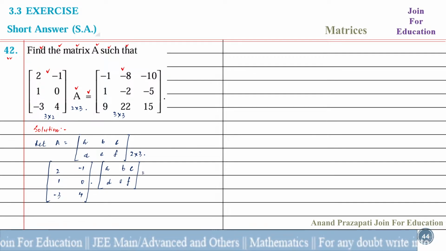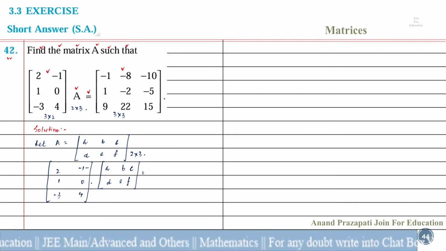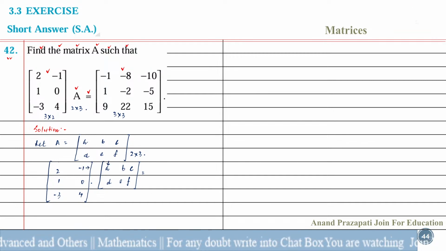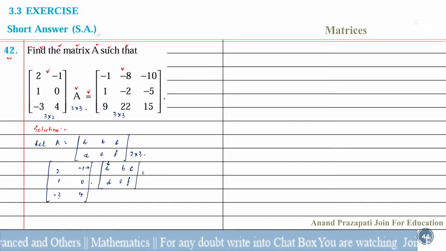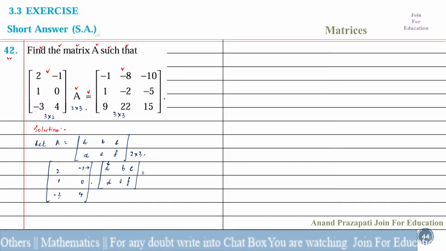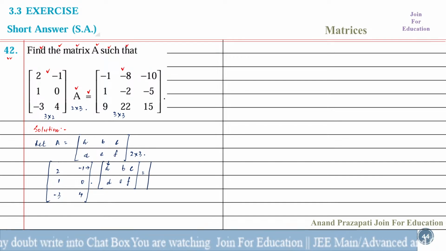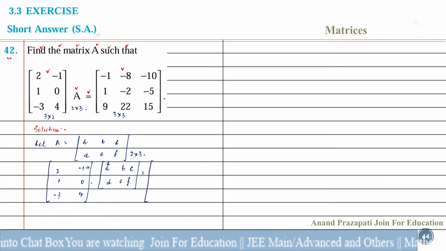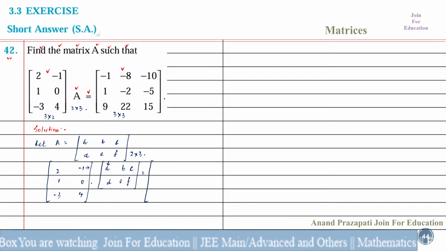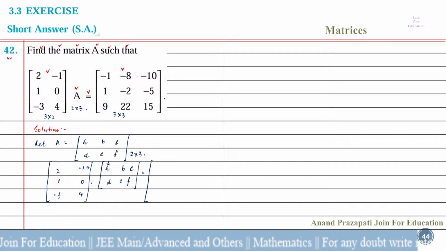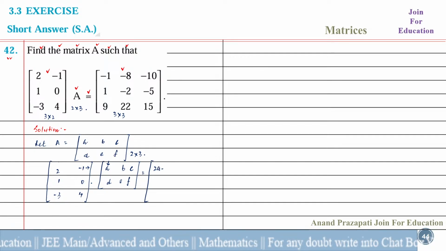So first row by first column. We multiply the first row by the first column, corresponding elements, to get the first element of the first row. So here it will be 2a minus d.